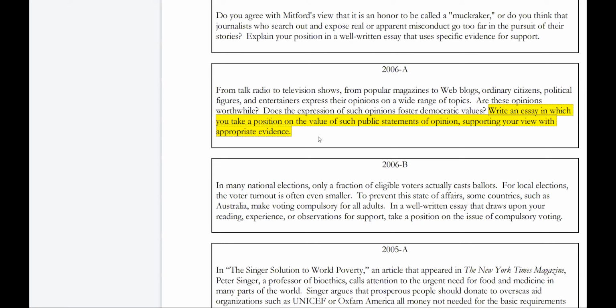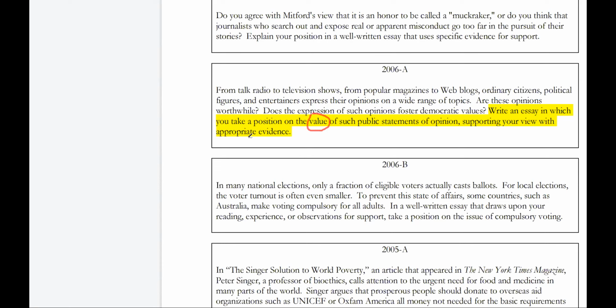Julianne, do you agree? I agree. Why? Because even if we have this keyword, value, it's just like a yes or no. It's like, does it foster democratic values or does it not?